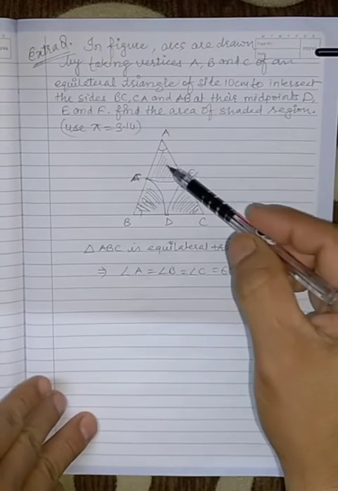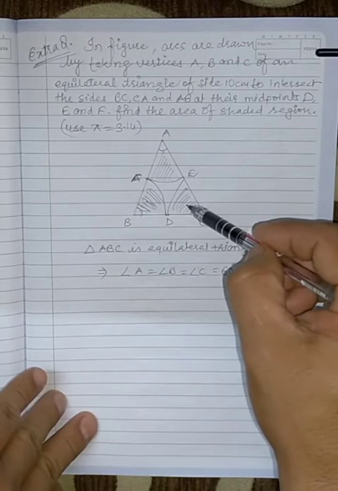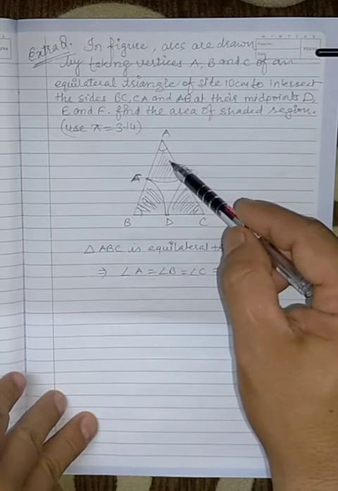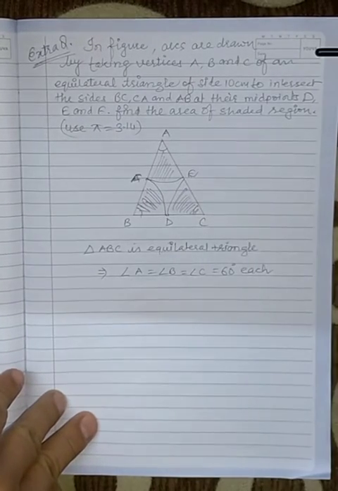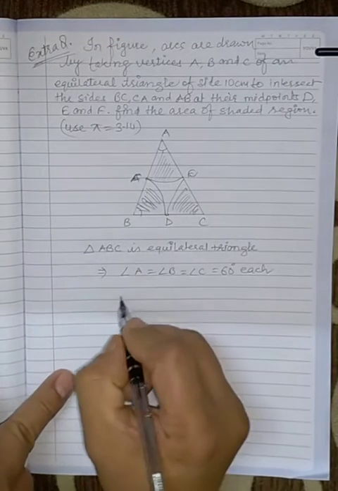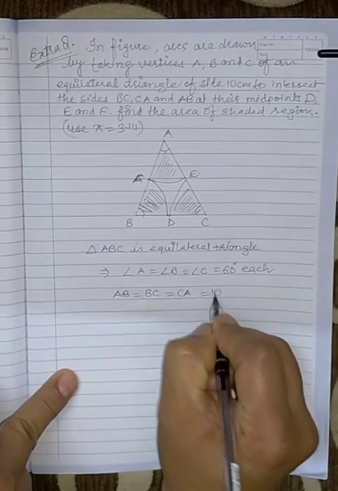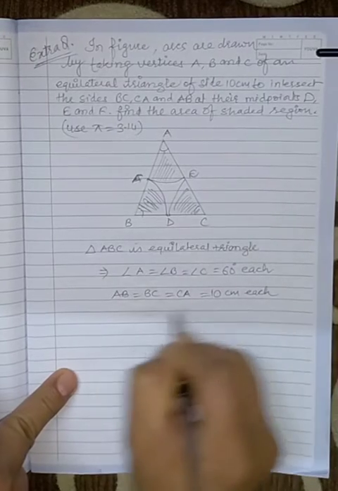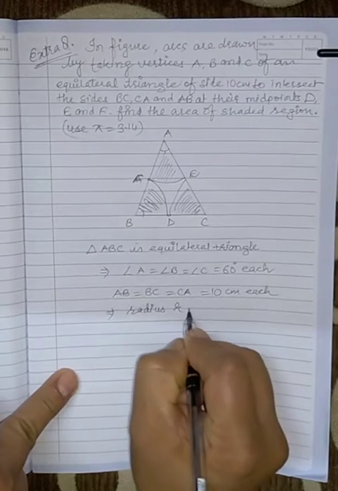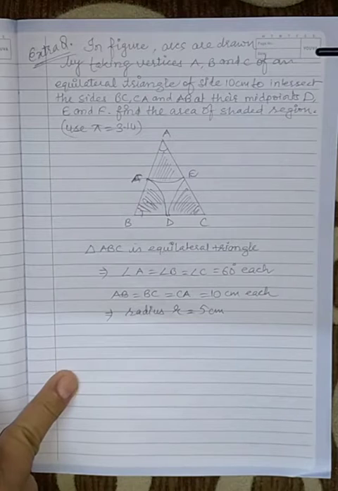So to find the area of the shaded region, we have to find the area of three sectors. The radius of the sector will be equal to half of the side of triangle ABC. As AB equals BC equals CA, all are 10 centimeter each, therefore the radius will be equal to 5 centimeter, as D, E and F are the midpoints.